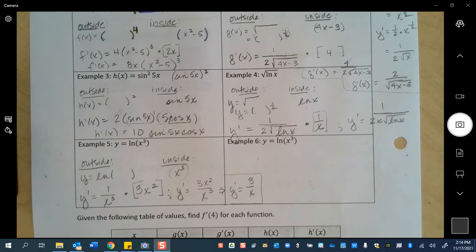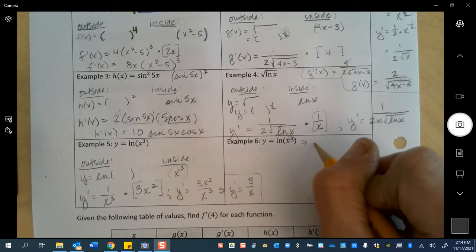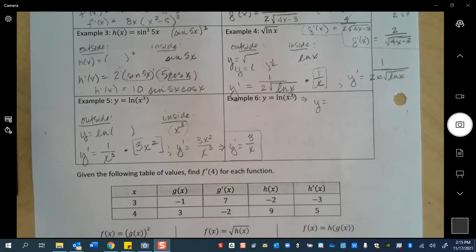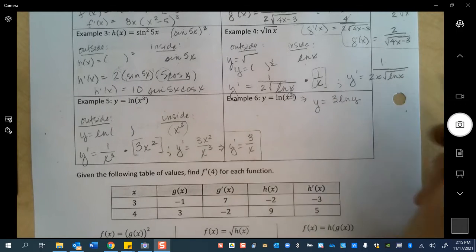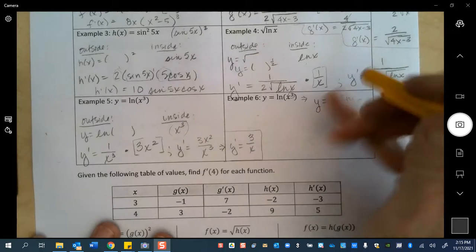So the cool thing about this is we have these exponent rules where I can rewrite this one, and keep in mind I'm not finding my derivative yet, but we have an exponent rule that allows us to rewrite something with an exponent by saying that's the same as 3 times the natural log of x.